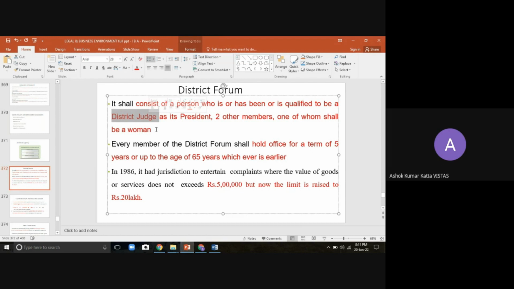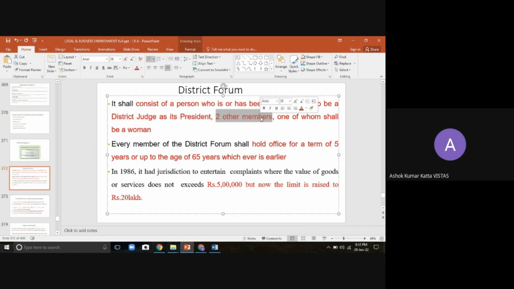Here also, district level courts will be available, and whoever is qualified will act as the president for the district level forum. He may be a retired person also. He will be called the president, and two more people will assist him as members.